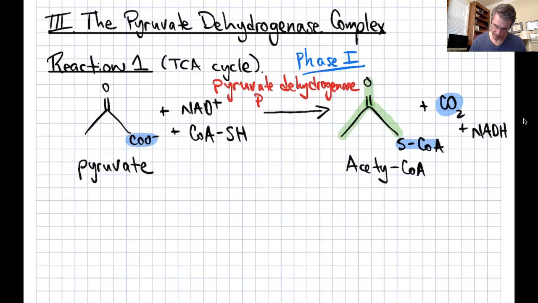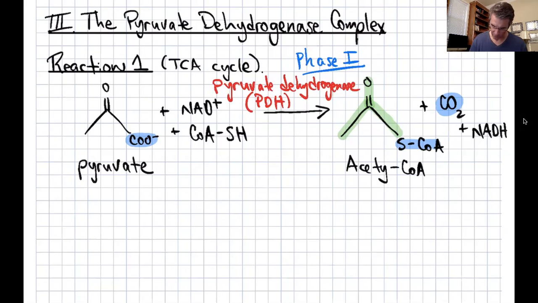Or sometimes PDH. Now, simply naming it pyruvate dehydrogenase, or the simplicity with which I was able to just write that down, belies what's really going on here. This reaction actually doesn't involve one enzyme, it involves 3.